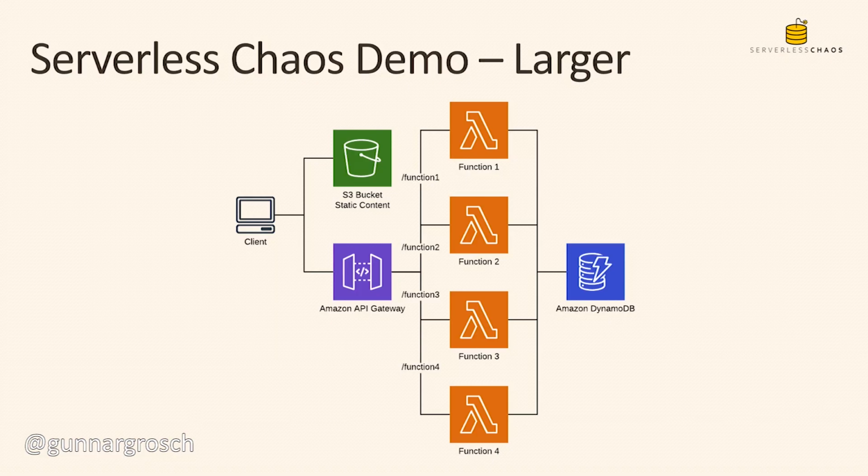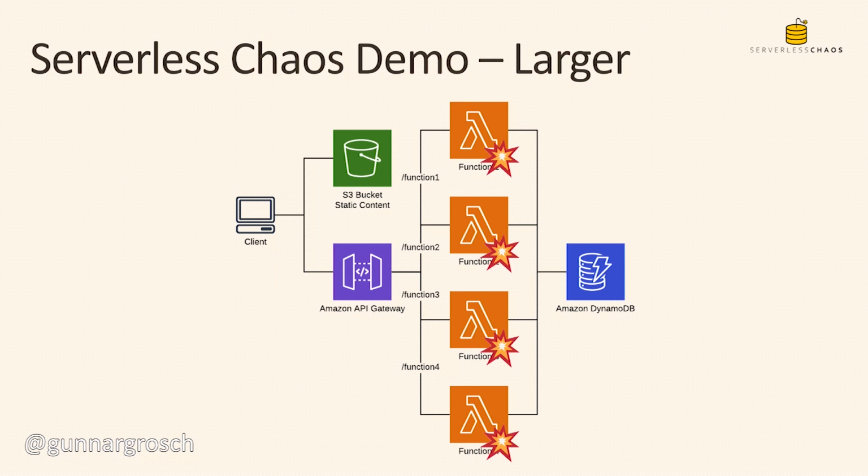So if we did the same thing as we did last time, we add the chaos injection layer on each function, we add the parameter in Parameter Store, and we add the functionality into the code for each function, we would get this behavior.